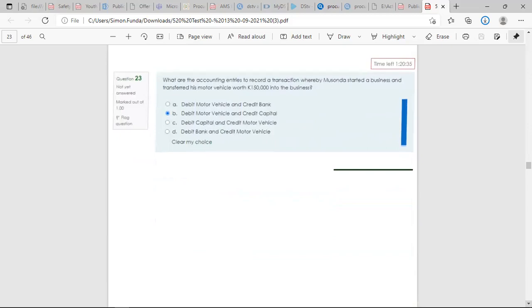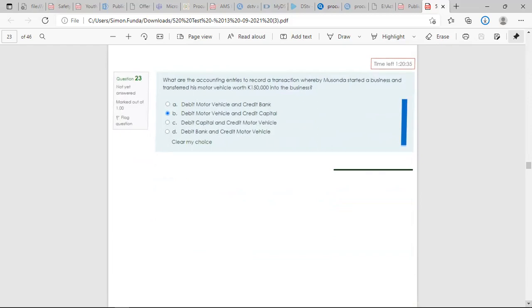(23) What are the accounting entries to record a transaction whereby Musonda started a business and transferred his motor vehicle worth 150 into the business? So what entries are we supposed to make?